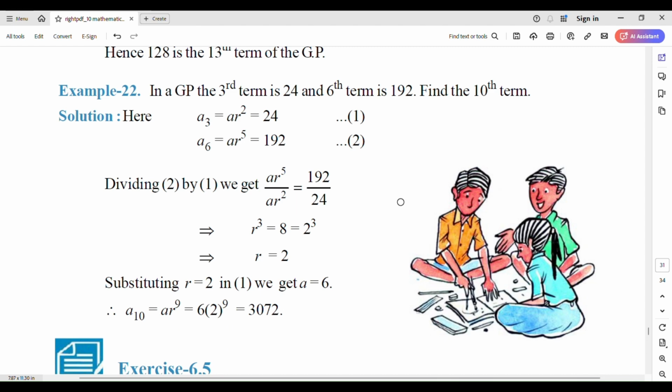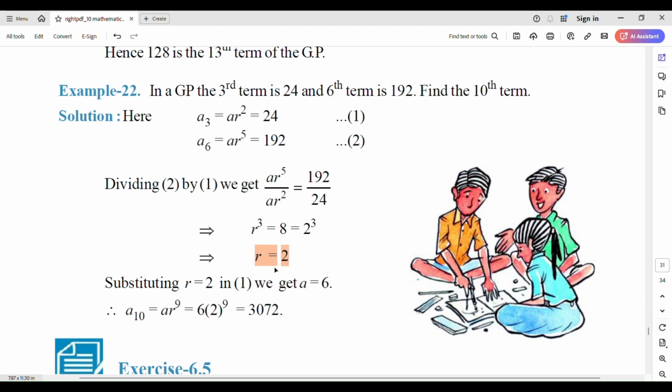Another type of problem you can see: in a geometric progression, the third term is 24 and the sixth term is 192. Find the 10th term. So a3 is given, a6 is given. a3 is nothing but ar square, a6 is ar power 5. If you divide them, you get r directly, so r cube equal to 8, or r equal to 2.